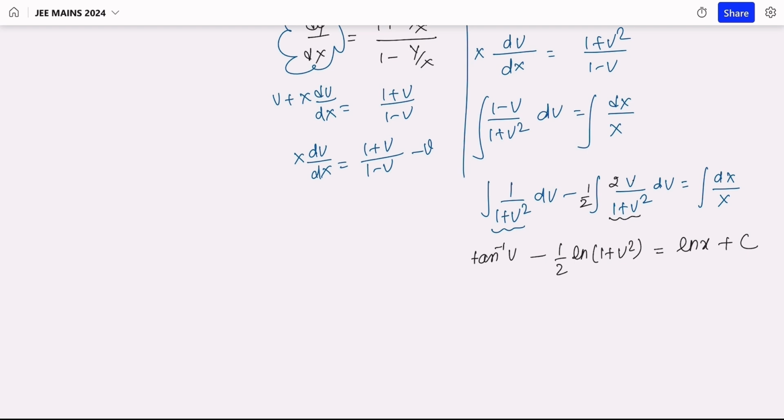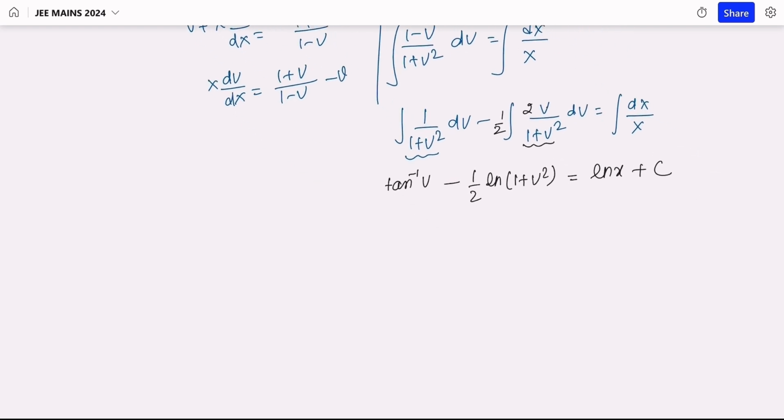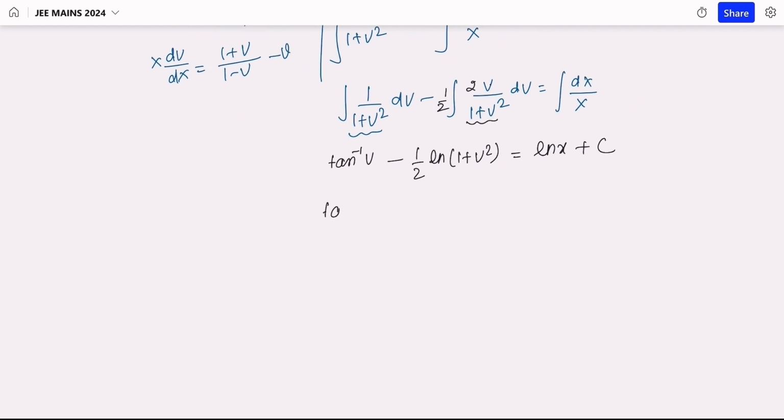Now our v is what? Capital Y by capital X. So we'll get tan inverse of Y by X minus 1 by 2 ln of 1 plus (Y by X) whole square. Okay. And ln of this one we have capital X plus C.